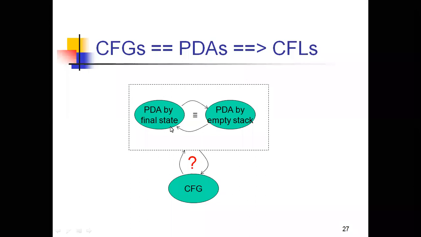We can convert from final state to empty stack and from empty stack to final state, right? And we can convert from the PDA to CFG, from the final state as well as from the empty stack. That's what we're learning now: how to make the equivalence between the PDA and CFG, and then knowing about the conversion of those two.